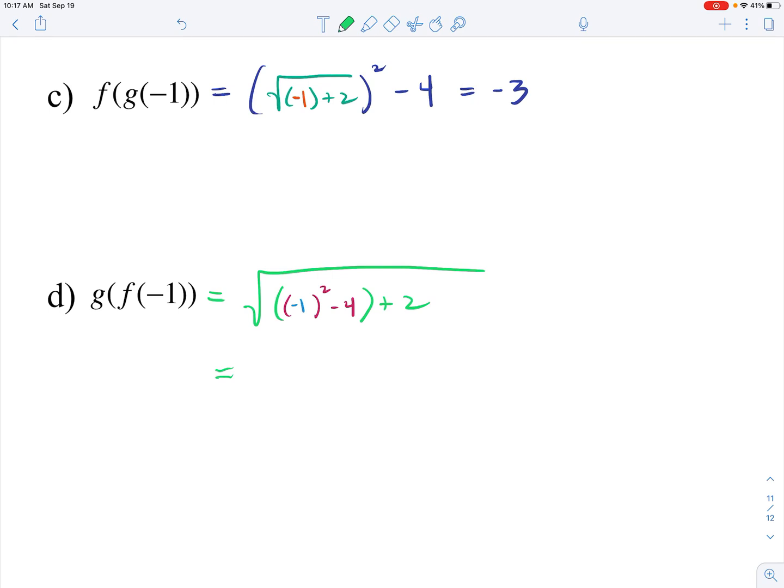So 1 minus 4 is negative 3, plus 2 would be negative 1. So this actually ends up being the square root of negative 1, which you guys know is an imaginary number. That simplifies to be i. So actually, negative 1 is not in the domain of g composed with f. Right? When we're talking domain, we're talking about where a function is defined in the real number system, not in the complex numbers.